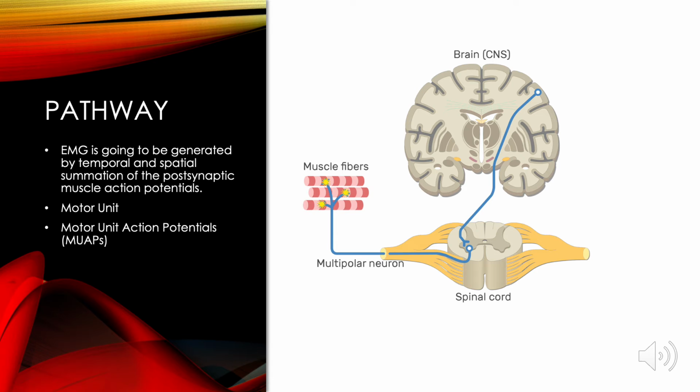Motor unit action potentials, or MUAPs, are going to be the combined activity, which is the action potential, of the many muscle fibers attached to one axon. Ultimately, we see that recording of these MUAPs is going to be necessary for monitoring spontaneous EMG.